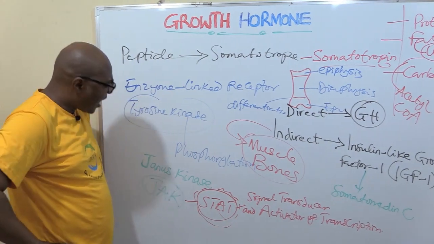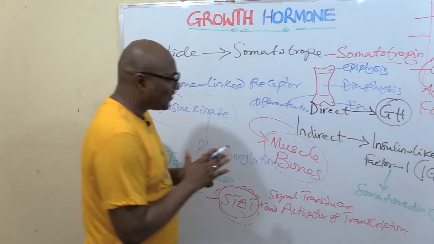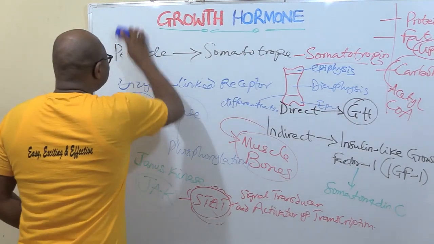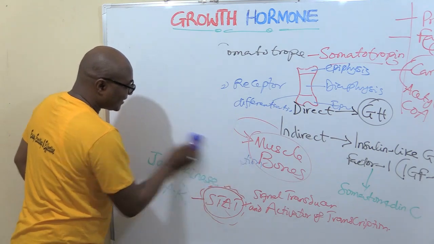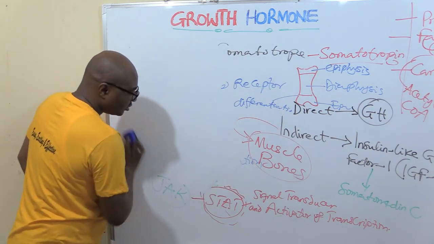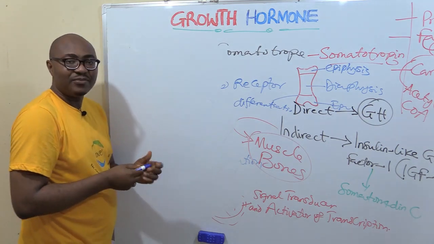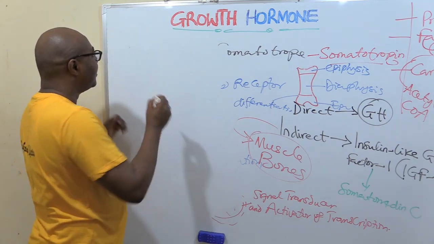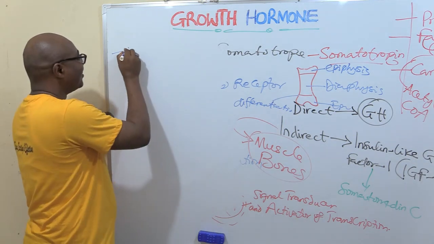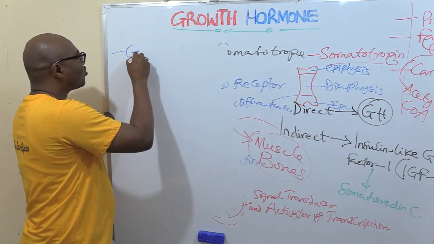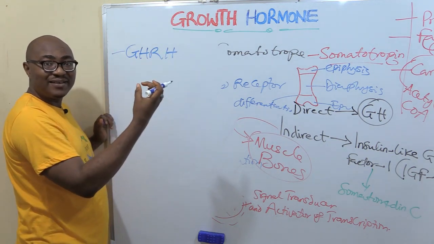So now you ask yourself, how is growth hormone regulated? Very simple. You remember that growth hormone is one of those hormones that have connection with the hypothalamus. As a pituitary hormone, it is stimulated to be released by growth hormone releasing hormone, which is from the hypothalamus.